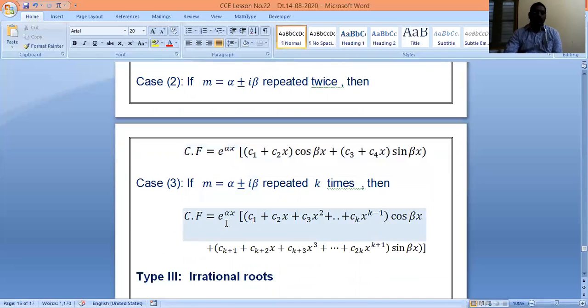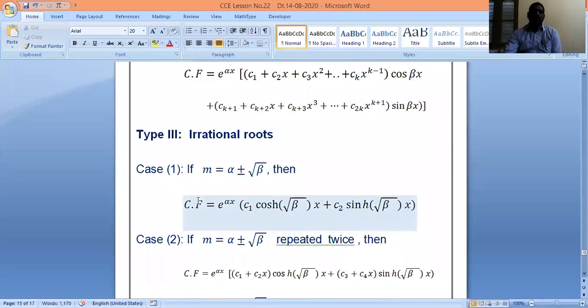Case 3, if m is equal to alpha plus or minus i beta repeated k times, then CF is equal to e^(alpha x) into [(C1 plus C2 x plus C3 x^2, and so on, up to Ck x^(k-1)) cos beta x plus (C(k+1) plus C(k+2) x plus C(k+3) x^2, and so on, up to C(2k) x^(k-1)) sin beta x].